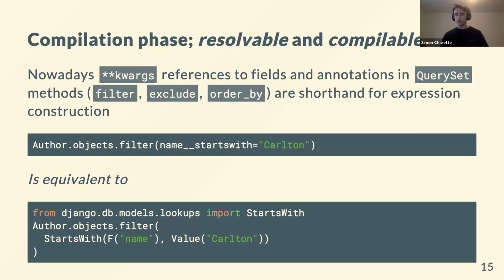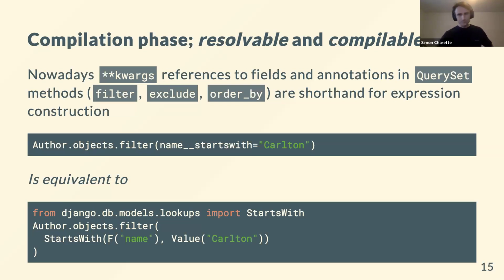It was not possible to extend the ORM at all to do the things you can do today by creating your own lookup classes, or passing around the F instance, and so on.